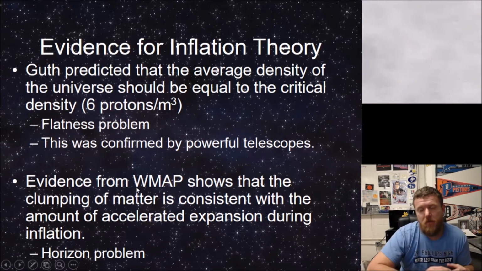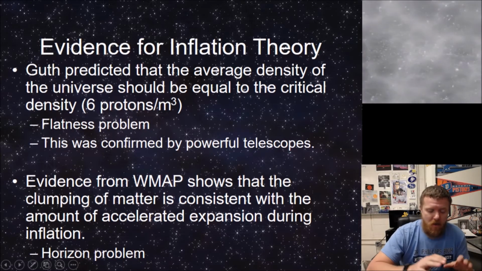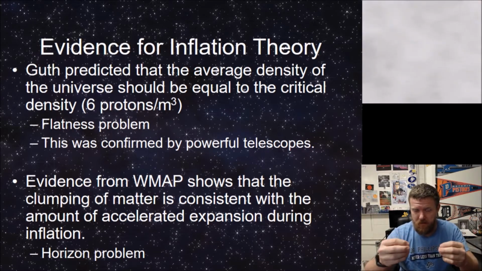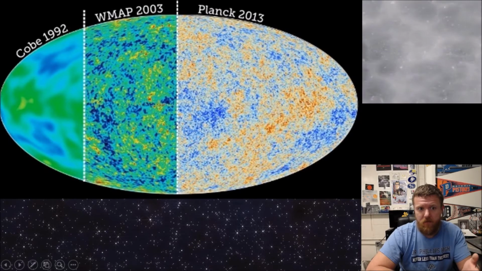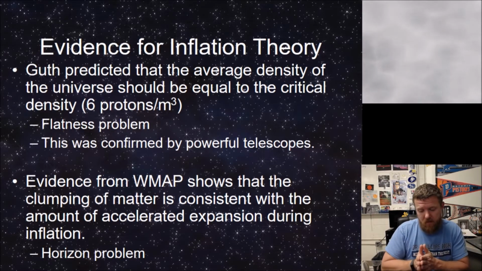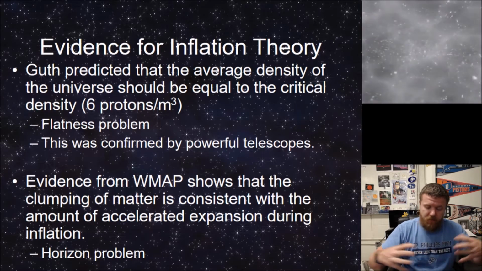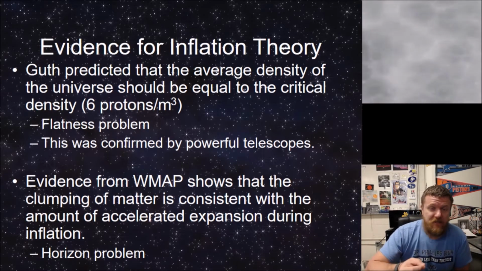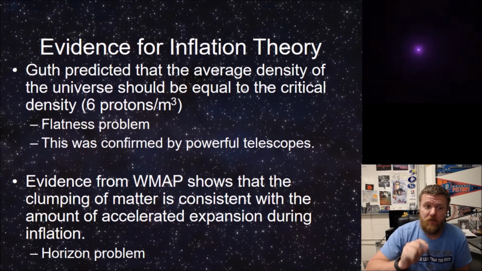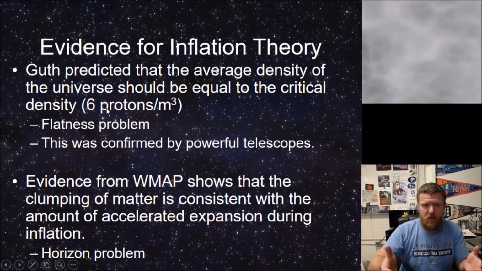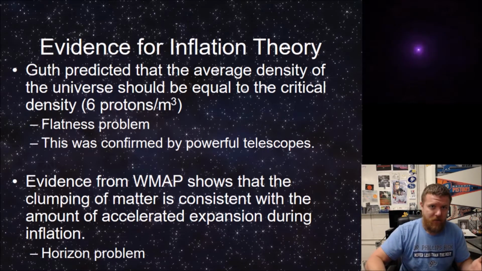Evidence from WMAP, the cosmic microwave background radiation, basically says the clumping of matter that we see, those little fluctuations in this photo right here, these little fluctuations of red to blue, all of those little clumps are consistent with our universe inflating very, very quickly. We've also been able to calculate the average density of what our universe should be, about 6 protons for every meter cubed, and sure enough, that's about what we find.